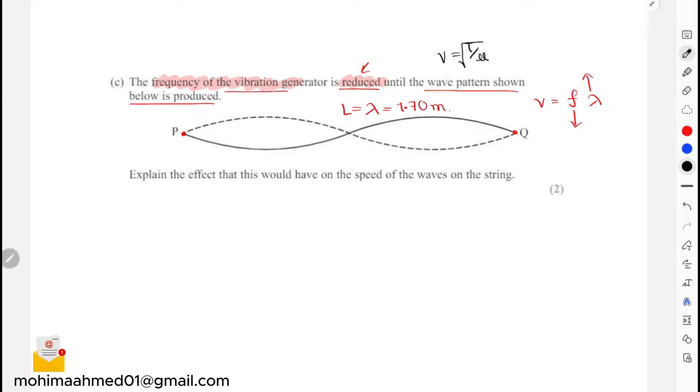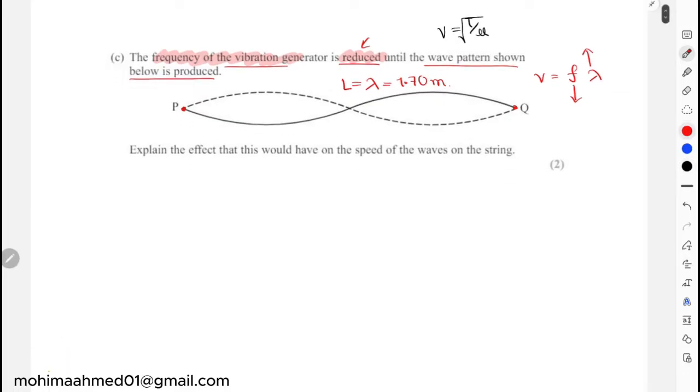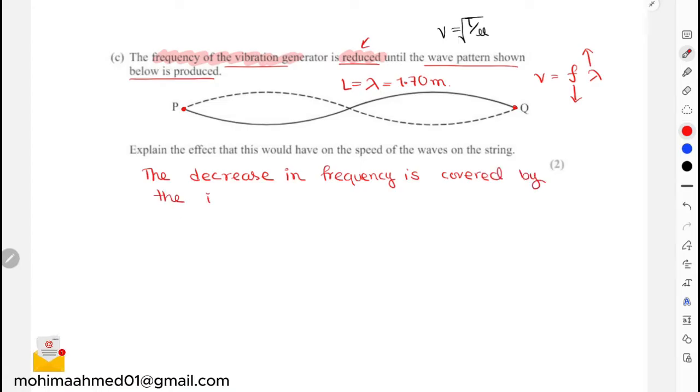So velocity is dependent on two formulas: V equals f lambda, and the one with tension and mu. So there are two possible answers for this question. First, in terms of velocity and frequency, the decrease in frequency is covered by the increase in lambda, therefore V does not change.